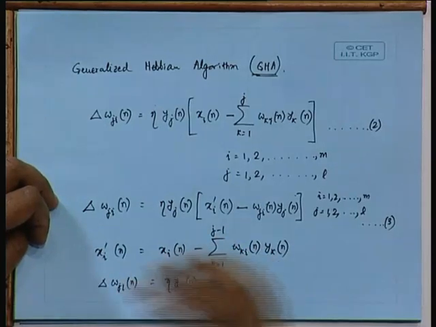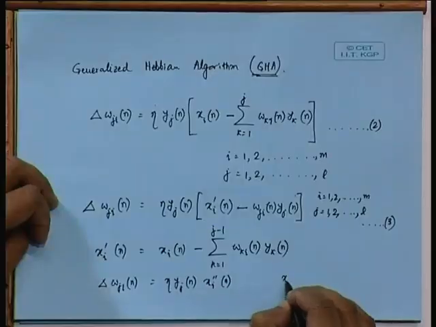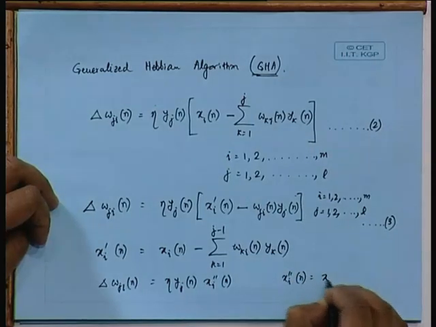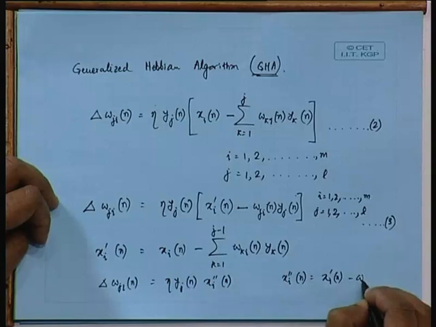Now you get your very familiar Hebbian learning term. Here xi double prime n is equal to xi prime n minus wjin yjn.